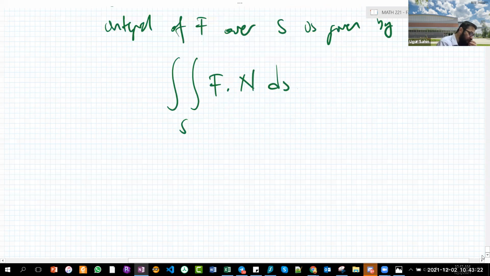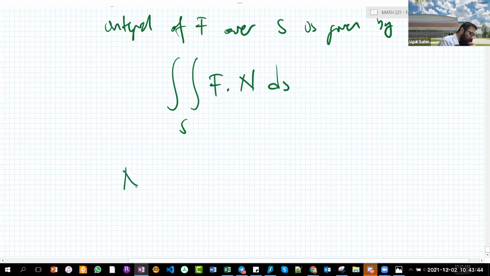But what I like to do is choose the N. Yes, N is perpendicular to those tangent vectors. I want to choose the N as a unit vector. It doesn't matter how you choose the perpendicular vector, but it is going to matter for the computational simplification. I will show it to you.